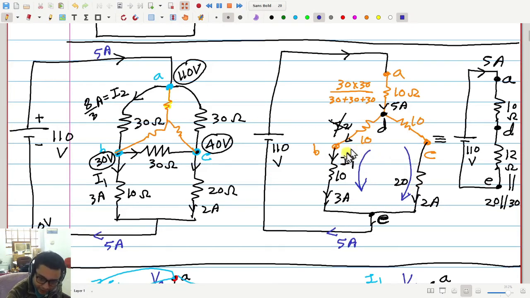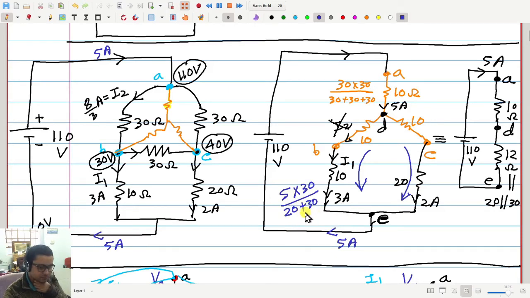The current divider rule will give us that this current is the total current 5 multiplied by the opposite resistance, which is 30, divided by the total resistance 20 plus 30. That comes out to be how much? 3. Is it okay?